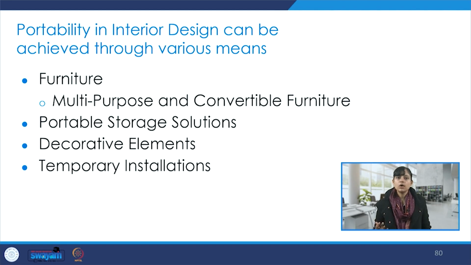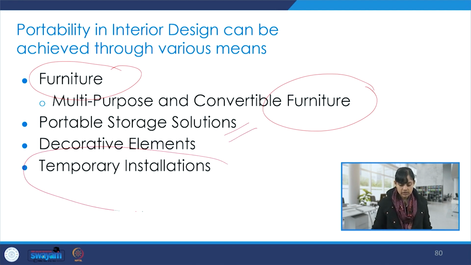So we talked about various means through which portability could be achieved. Furniture, of course, being a very important one, and within that, multi-purpose and convertible furniture being very popular and quite handy. Portable storage solutions, decorative elements, also some temporary installations.